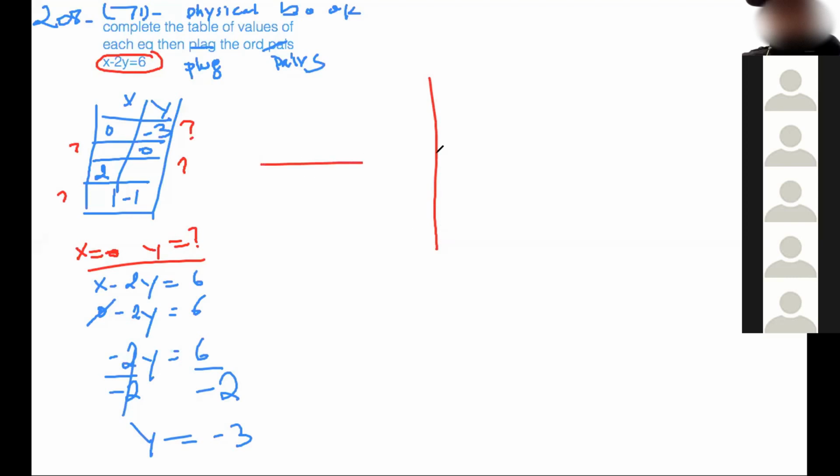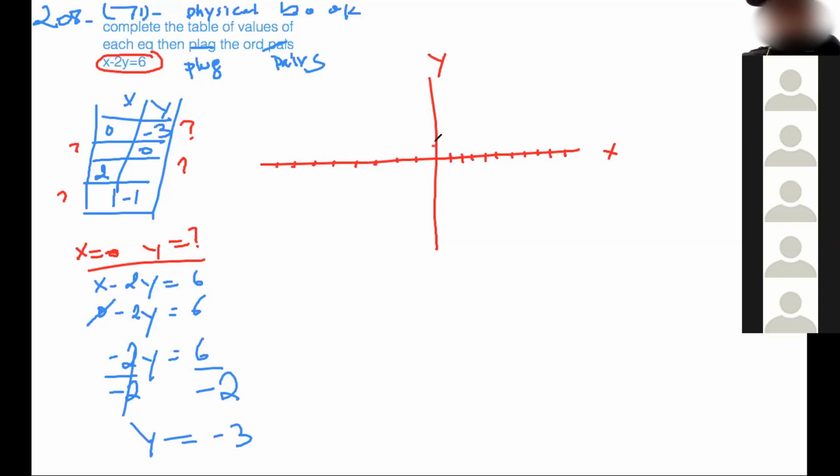To plot it, we need a graph like this. X-axis and the y-axis. You have some positive numbers here, 1, 2, and so on, and negatives on the left, -1, -2.